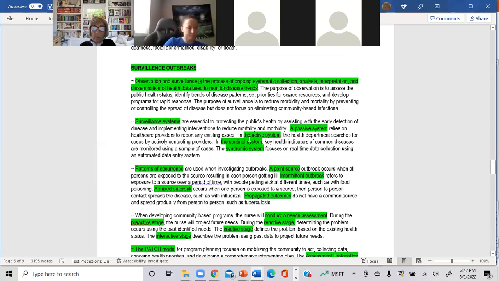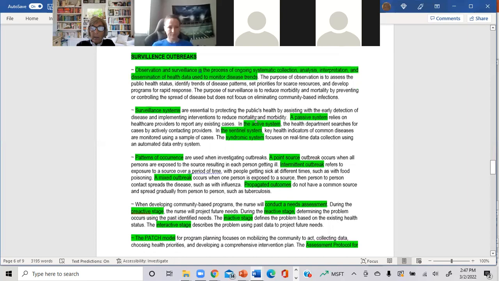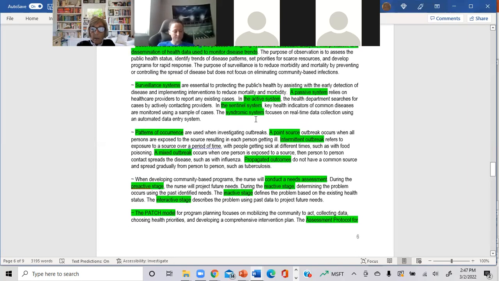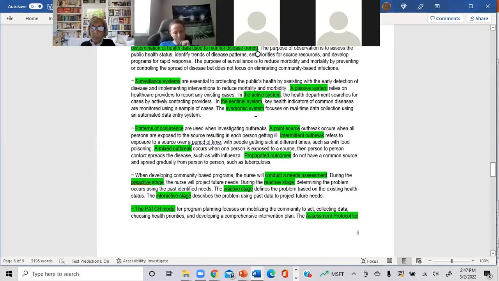Okay, here's your systems. All right, so you have a passive system, an active system, a sentinel system, and a syndromic system. So for example, in school nursing, I participate in the passive system where I am a healthcare provider to report any existing cases. Okay, so once I do that, let's say in an active system, then the health department takes that on.